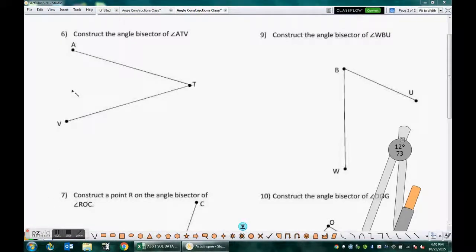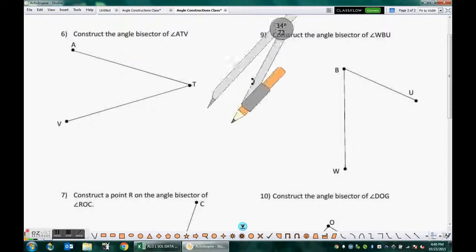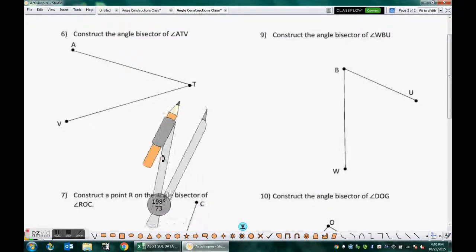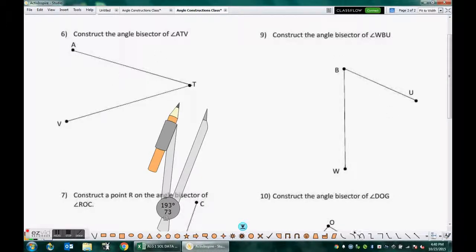Okay, so continuing on the back here, we're going to do the angle bisector. So I think these are actually a little bit easier than copying an angle, not constructing an angle. It just takes less steps, so I think it's a little bit easier. So all of these on the back page, you're actually just doing the angle bisector for every single one.